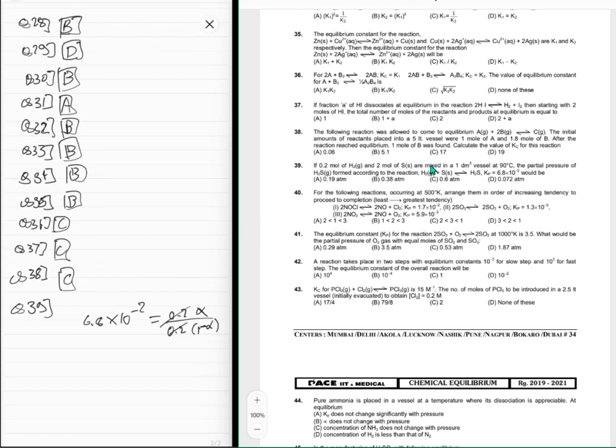Notice that this thing is very small, and now some concepts of ionic equilibrium come into play. We will assume that alpha is very small compared to 1, and that's why we can ignore this thing altogether. This is 0.068, very small.